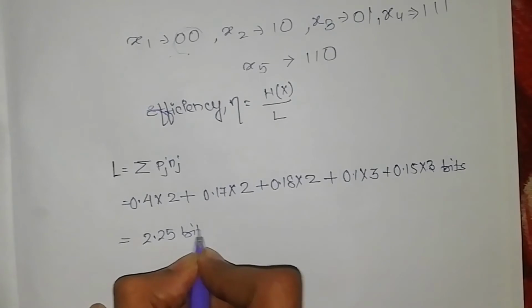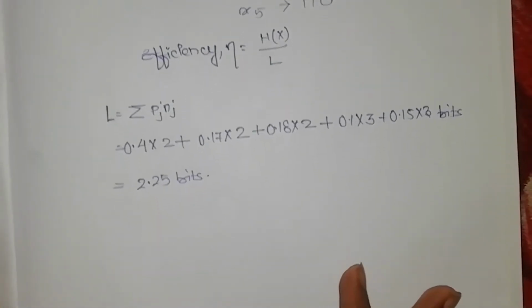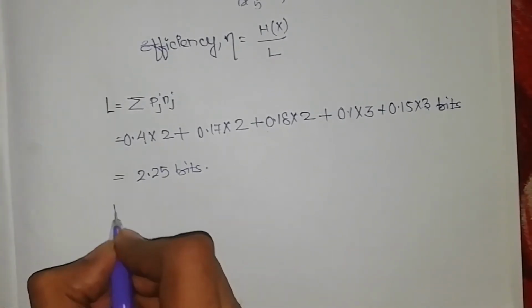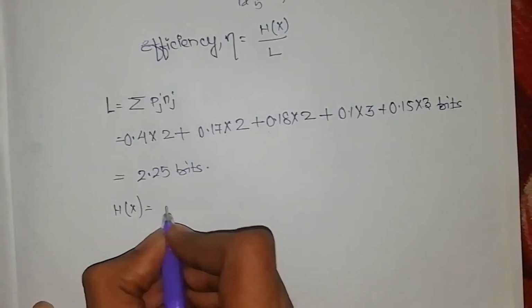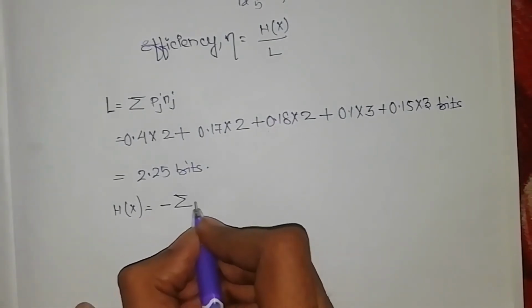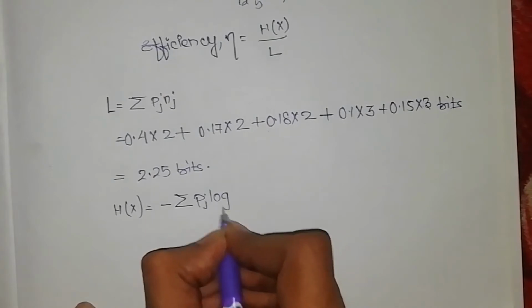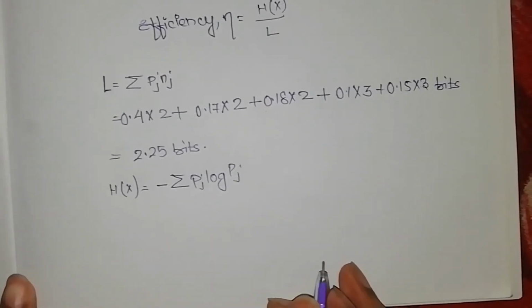So this will be equal to 2.25 bits. Now we also know the formula for entropy, which is equal to minus summation of pj log pj.